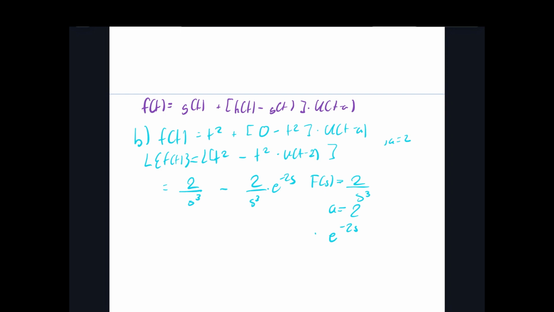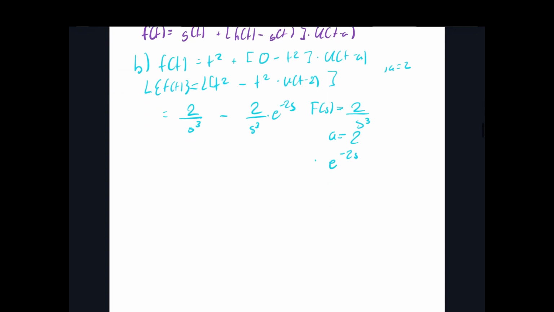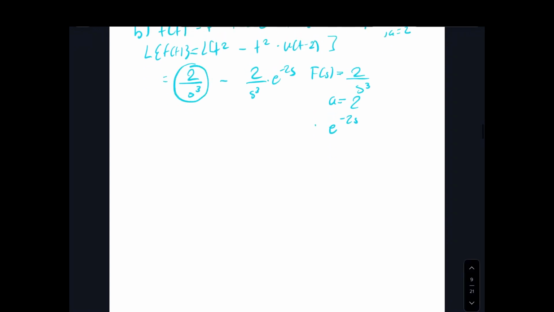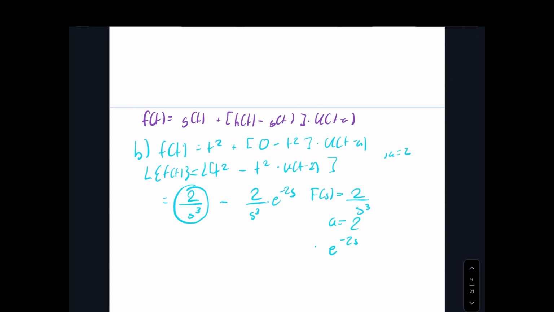And unfortunately, that's not it. When I was doing this question, I was like, why am I not getting the correct answer with B? Initially, I had just thought that it was just s cubed because of the 0. But no, that is not the case.